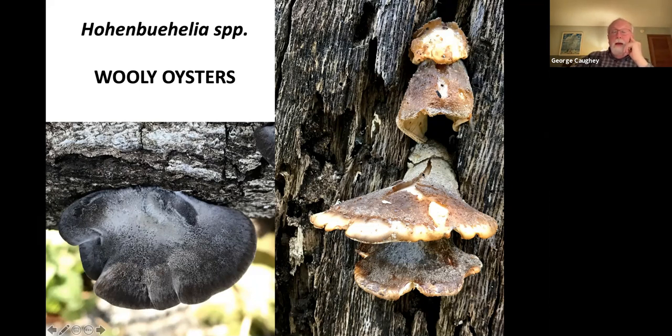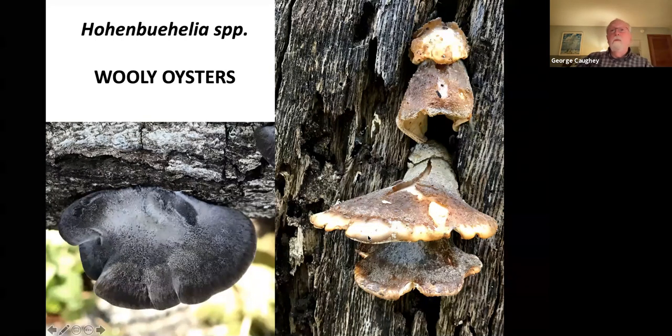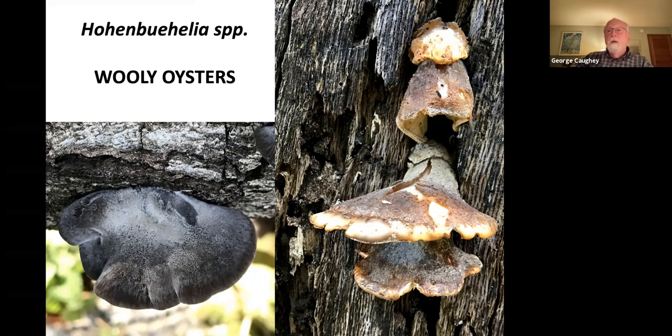Hohenbuehelia. They have a layer of gelatin underneath their caps. Anyway, very rare. It's only been found a couple of times. The world's expert on these mushrooms has weighed in on this mushroom I found. So every once in a while, you find things that you can't explain.